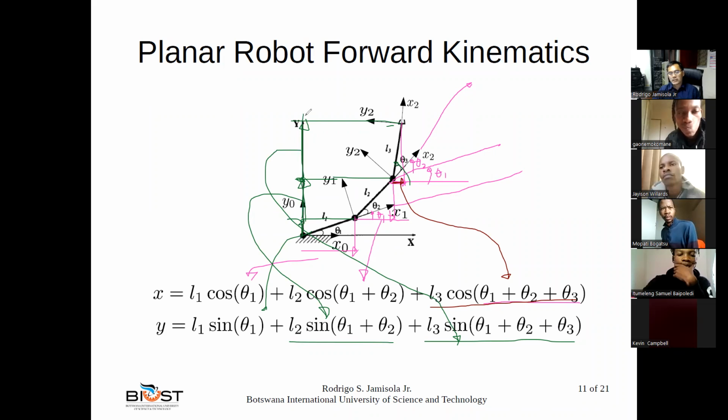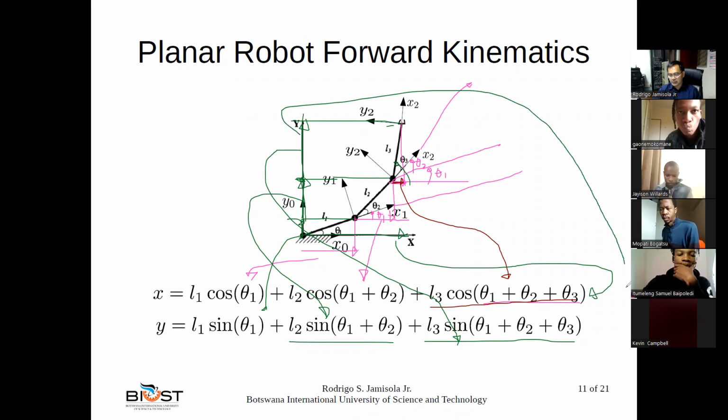And so that's the total length from down here up to the top, and from down here up to the side. In this case, that is the X component total, and in this case, that is the Y component in total. So don't worry about the signs. The equations will remain the same.